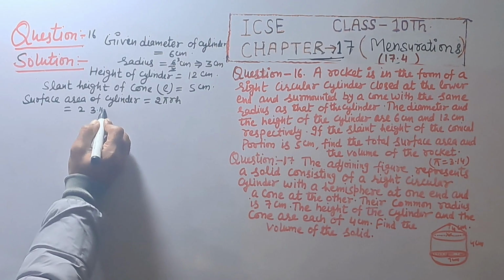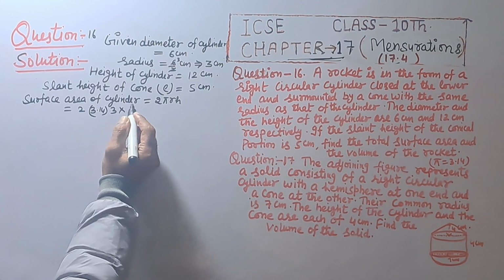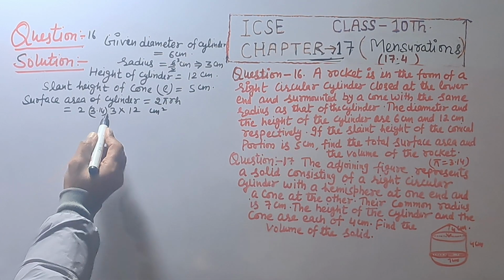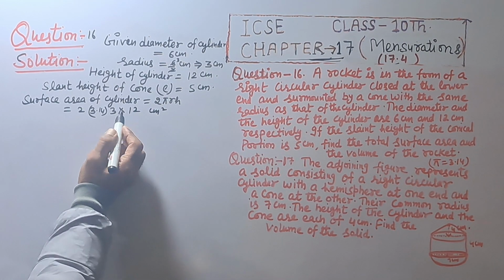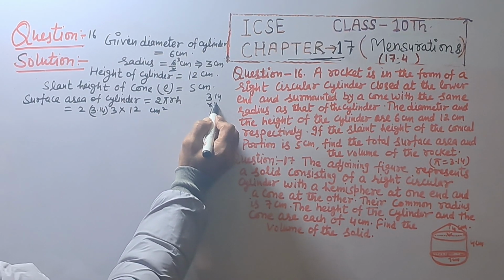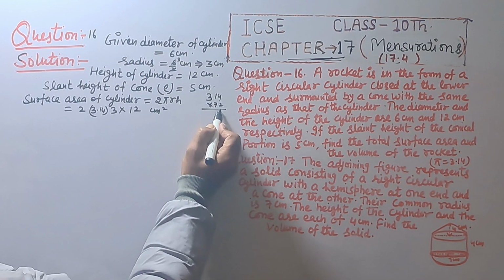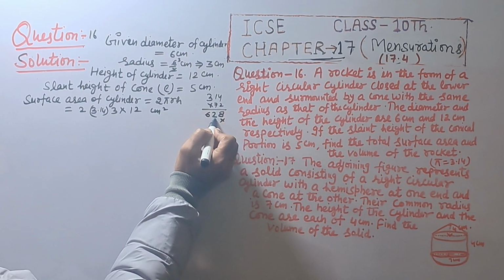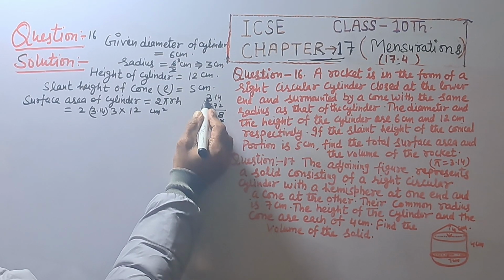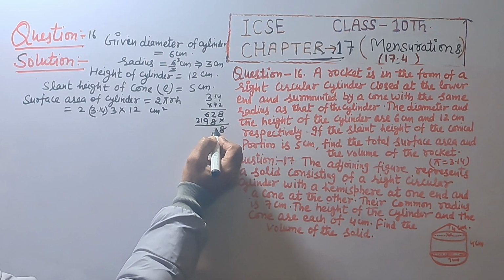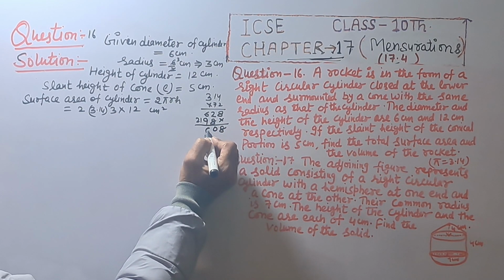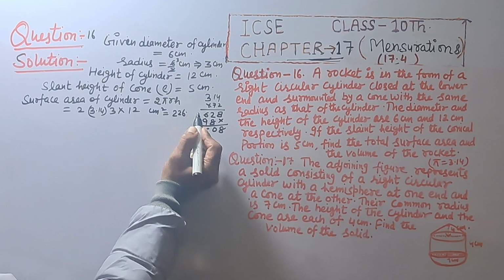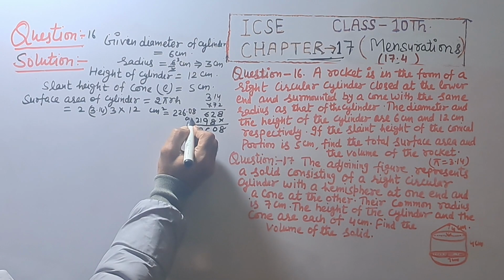Two into pi is 3.14, into radius is 3 and height is 12 centimeter square. 2 3s are 6, 12 6s are 72, 314 multiplied by 72, that is equal to 226.08 centimeter square.